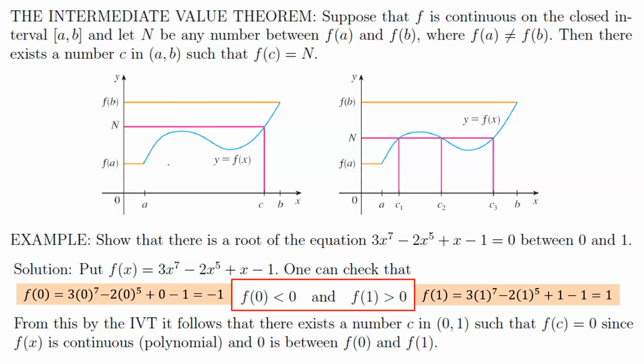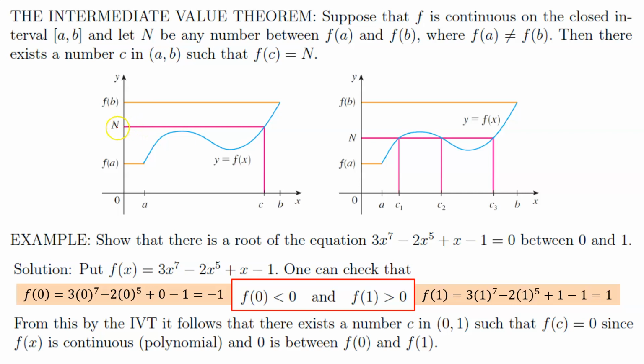So let's see the graph over here. So dia kata you have a closed interval which is a until b. Okay, so you have f(a), you have f(b). Okay, so there is another one, intermediate mean yang tengah-tengah.